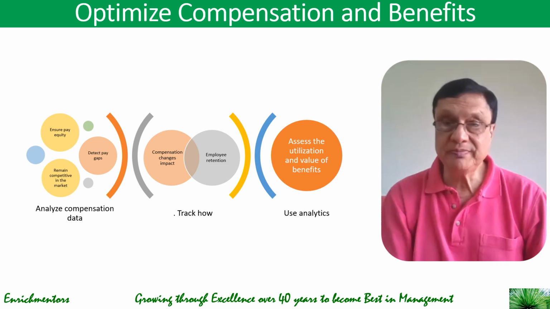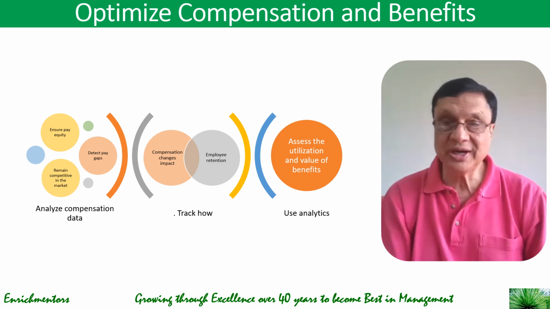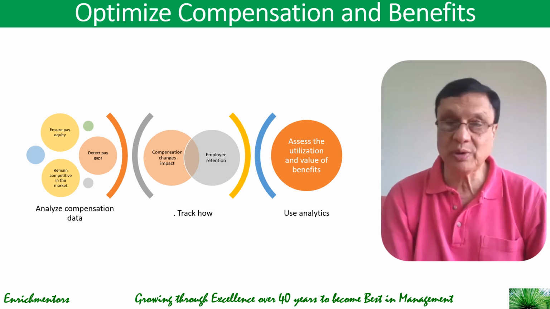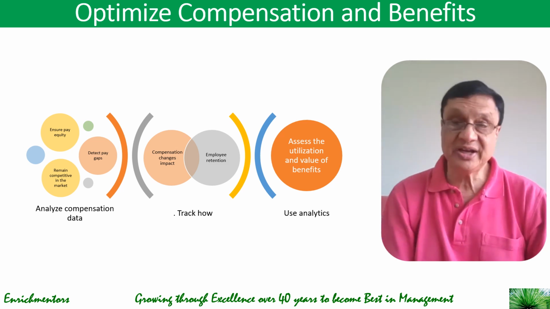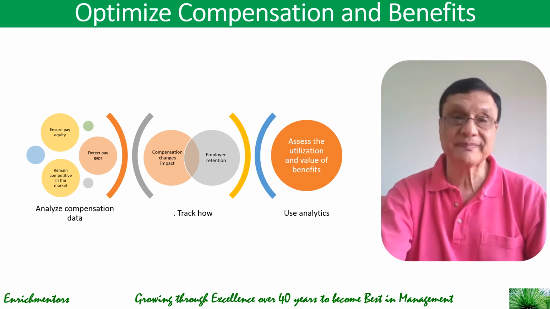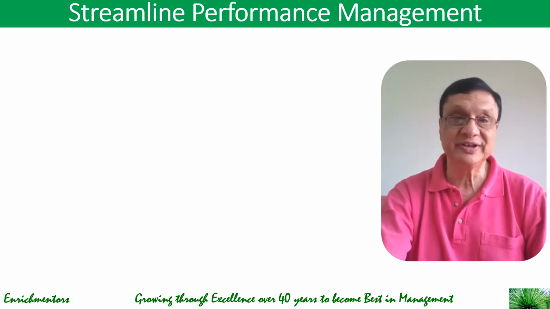Another example could be that your data might show that younger employees prefer wellness stipends while older employees value robust healthcare plans. And this should allow you to make tailored benefit packages. So that's how you can optimize compensation and benefits.